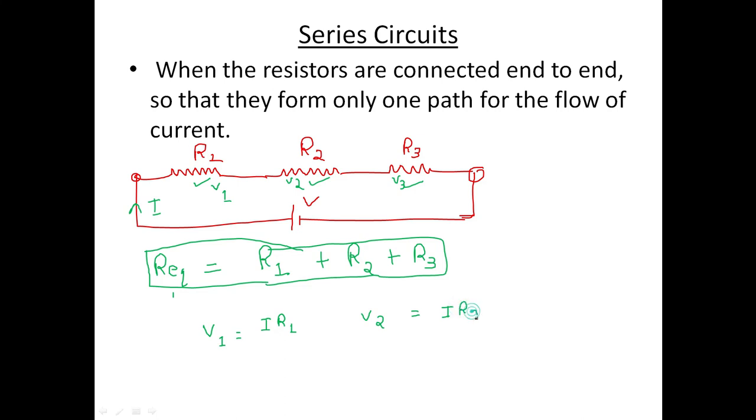In a similar manner, voltage drop V3 equals I R3. So you can see the voltage drop across the terminals is different. In a series circuit, the voltage across the terminals is different, whereas the current flow is the same. So this is a series circuit.